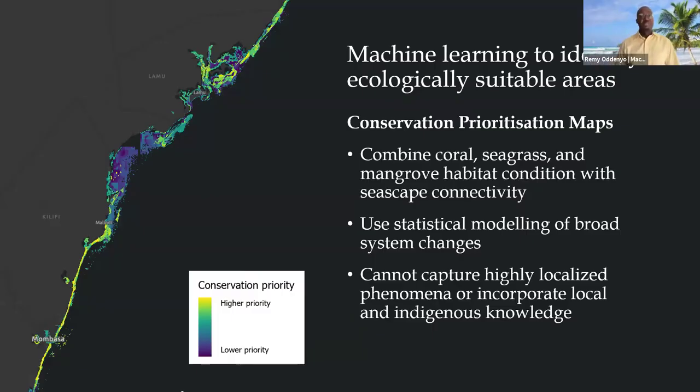So what did we do in terms of machine learning? Well, we used the predictions to prioritize certain habitats based on condition, and we statistically modeled the various broad system changes presently, but also into the future, considering current changes and climate change scenarios.